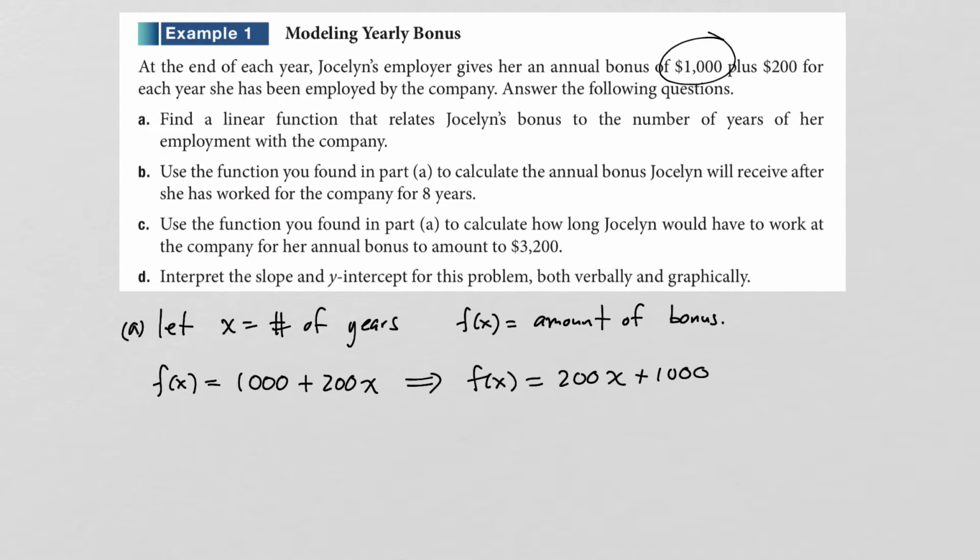So just keep that in mind with what we just talked about on the previous page here. We said that a linear function is f of x equals mx plus b. So you can see that the value of m, which is the slope, is 200, and the value for b, which is the y-intercept, is 1,000.